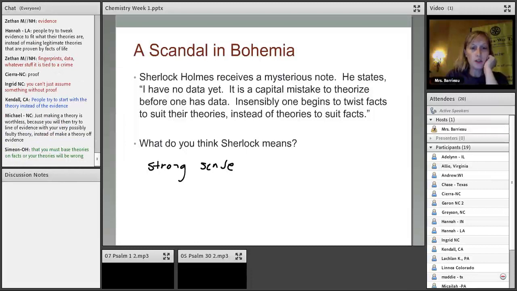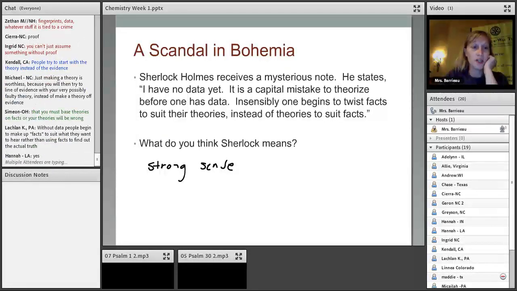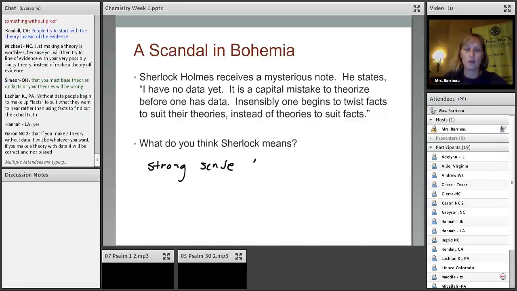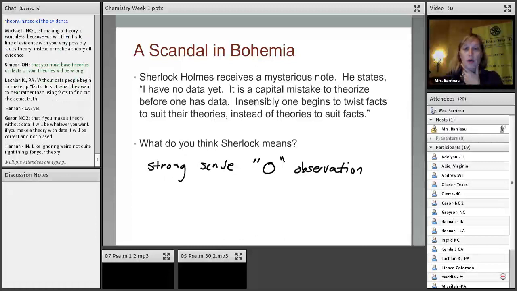That's right. Do we see this in life pretty much all the time, don't we? I mean, there's so many people that just throw out all this data and say, well, this is how it is. And it's like, well, what are the facts? So you need to have a strong sense of O, or observation, okay, when you are studying your data. And data is the key word here, okay? Your observations are equivalent to your data, because the more data you collect, the more observations you are seeing.